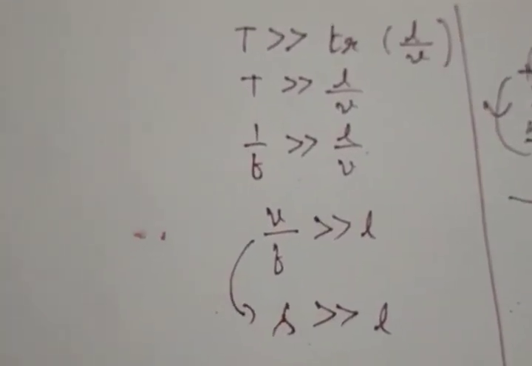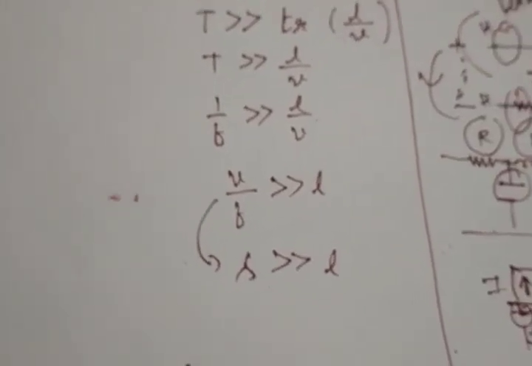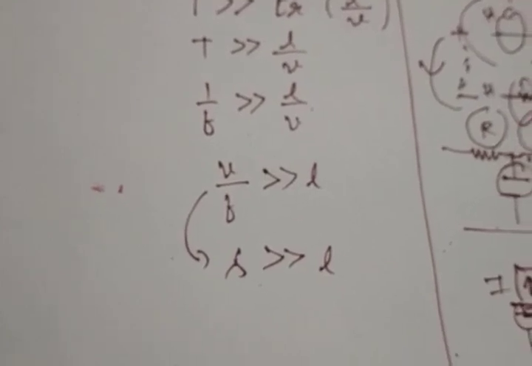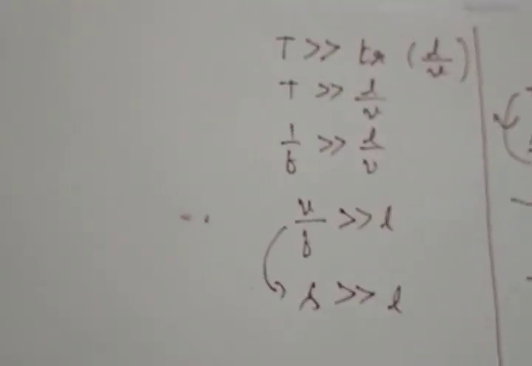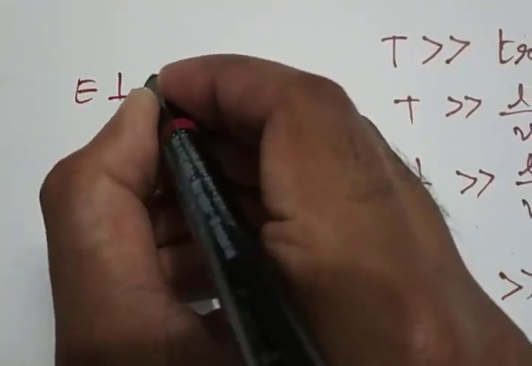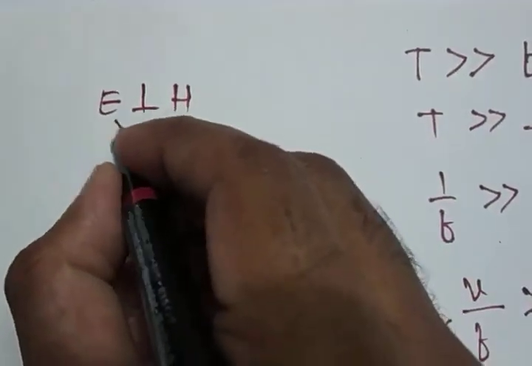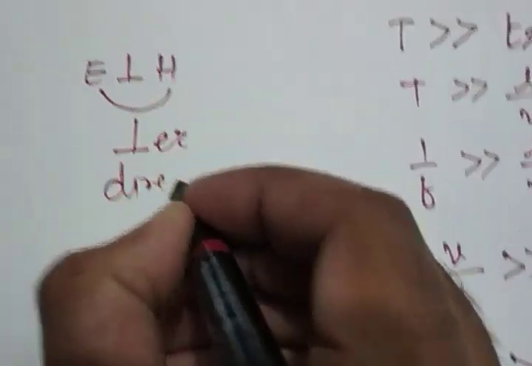So the point of our discussion is that any medium which transmits energy through a conducting medium can be considered a transmission line. But there should be two conductors first, and there must be production of electric field intensity and magnetic field intensity. As we know, the electric field intensity and magnetic field intensity are perpendicular to each other, and both are perpendicular to the direction of propagation.